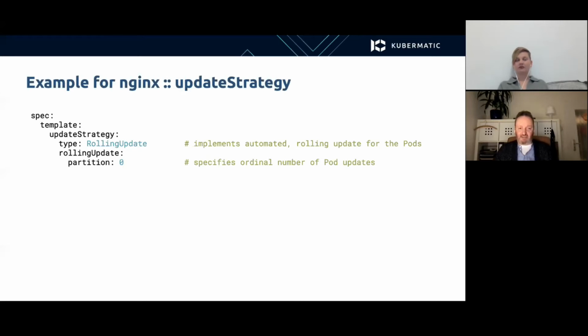In this case, I have the type rolling update, and the rolling update also needs a partition number, and the partition number specifies the ordinal number for the pod updates. I will show what it exactly means later. You also have a second type, which is on delete, but I will show that later.